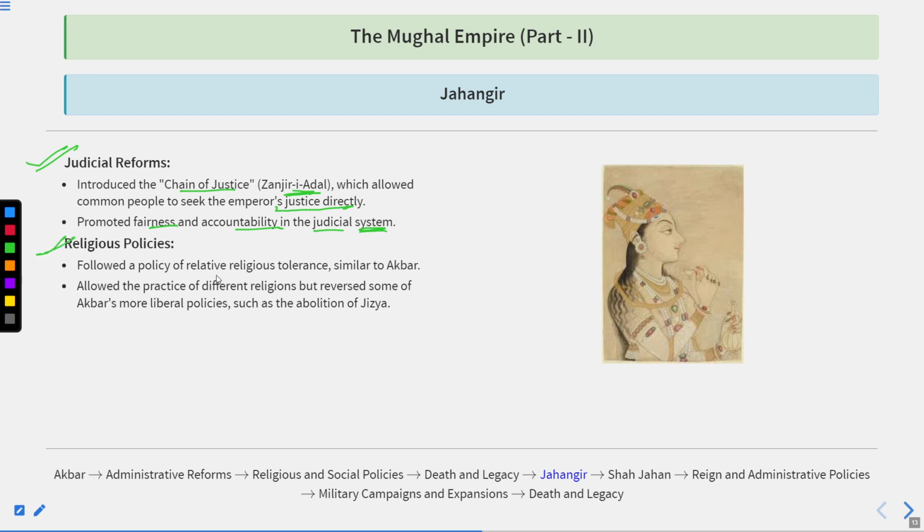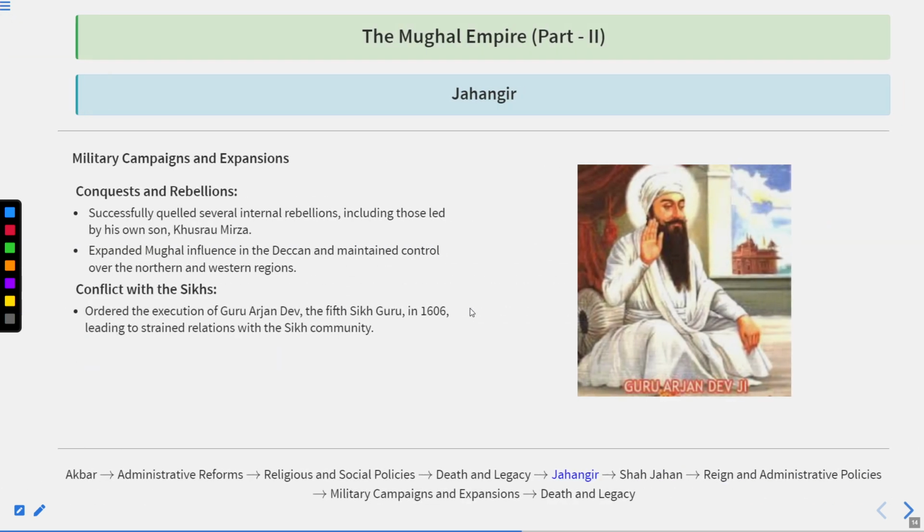He followed a policy of relative religious tolerance similar to Akbar, allowing the practice of different religions, but reversed some of Akbar's more liberal policies such as the abolition of jizya. Clear? So judicial reform, chain of justice, and he also established some religious policies in the administration.